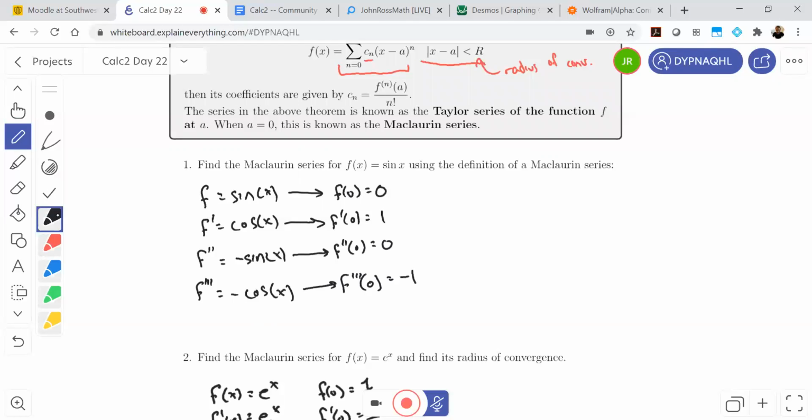And then those coefficients are going to repeat themselves, right? So in our formula, we would end up getting a 0, 1, 0, negative 1, 0, 1, 0, negative 1, all divided by the appropriate n factorial.